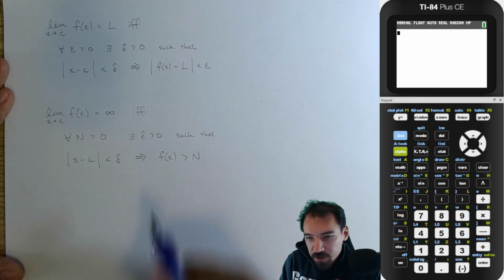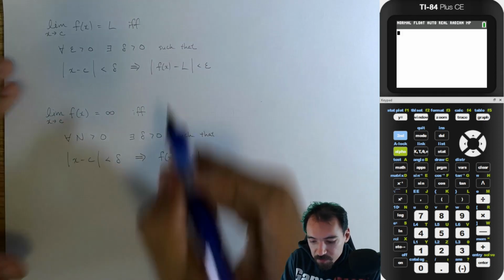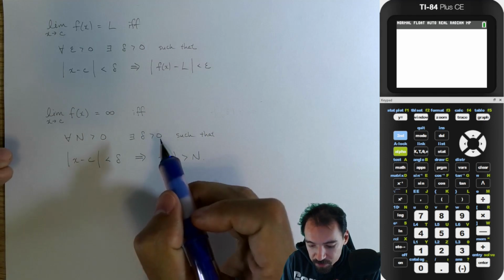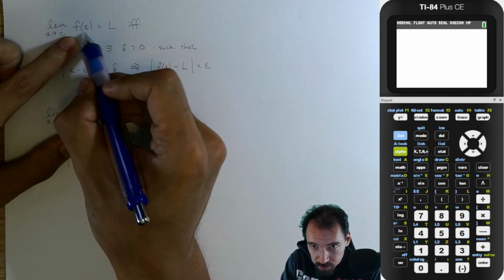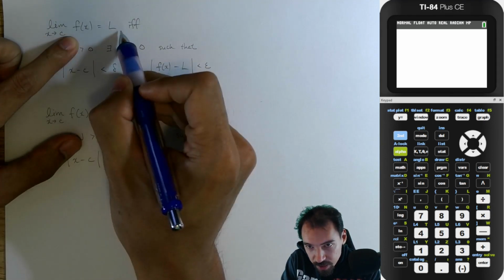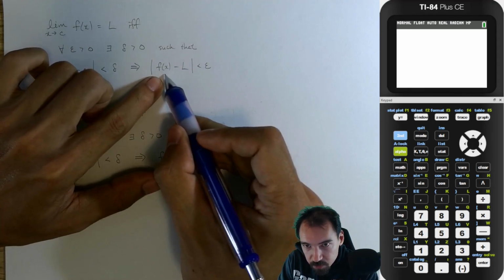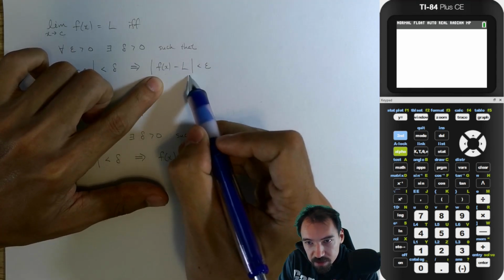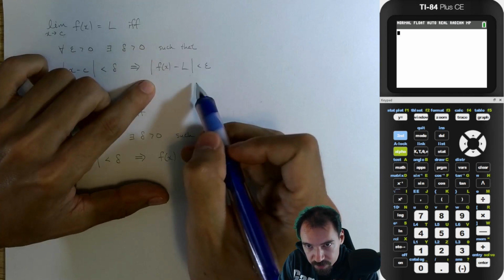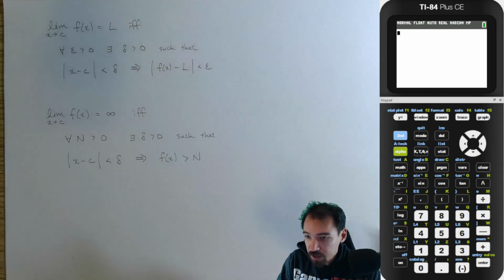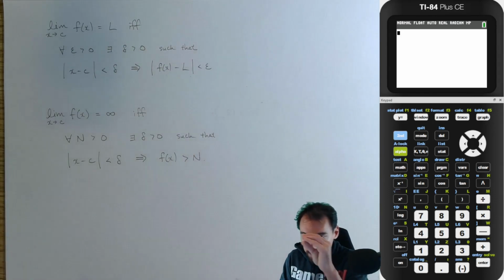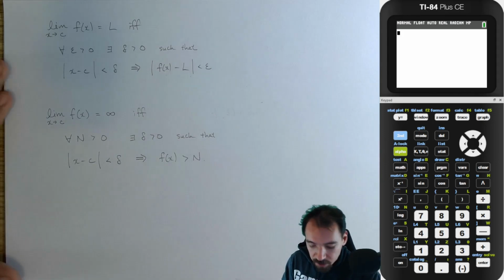So, on technicality, what's going on? We were talking about here the y value is getting close to L, meaning the difference between the y value and this limit number, that difference is going to be smaller than a number I pick. So I'm thinking about small differences in the y value.